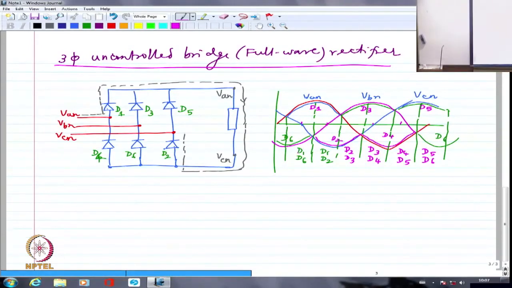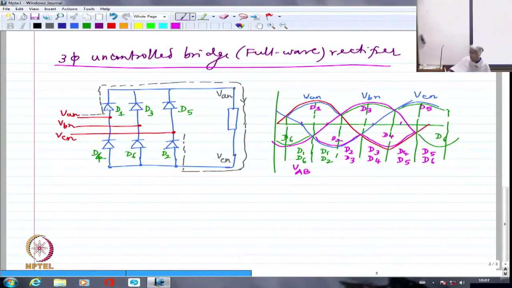And by observing this, you can directly say what line voltage will appear. D1 belongs to A phase, D6 belongs to B phase, so I should have VAB appearing here. Here D1 is A phase, D2 is C phase, VAC will appear.